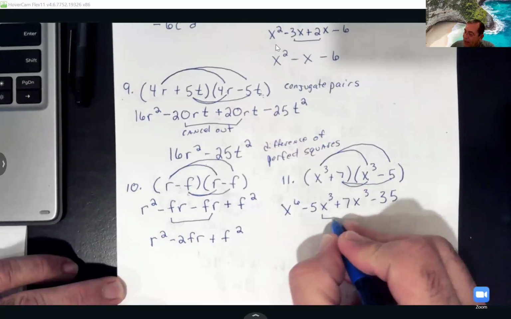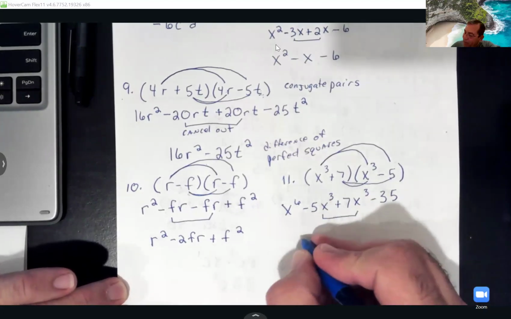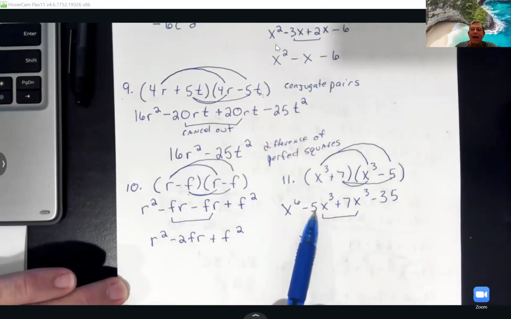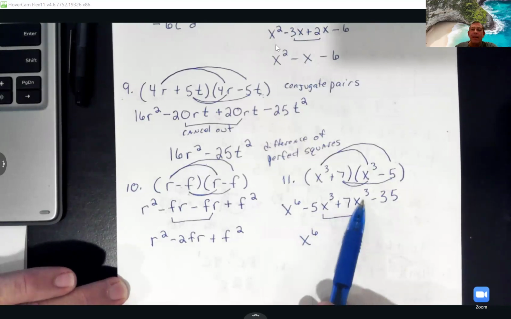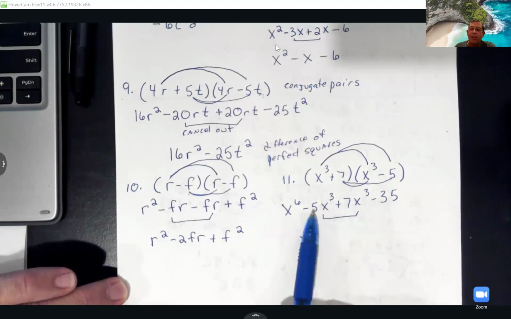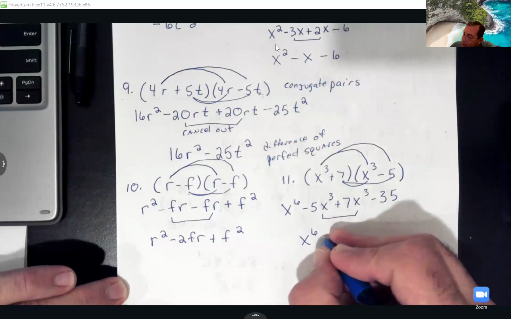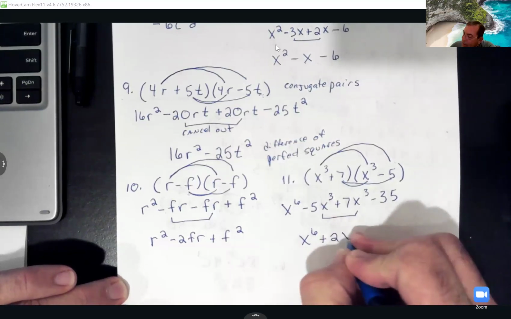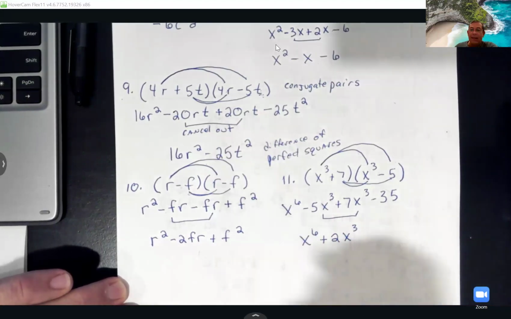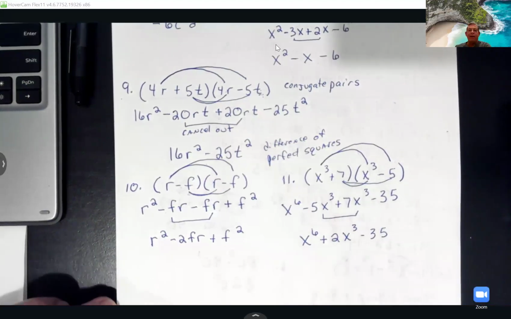So I see like terms in the middle. So I'm going to bring down my x to the 6 in the front. So we got a -5, +7, x to the 3rd. The x to the 3rd will not change. All that's changing is the number. So basically that's like 7 minus 5, which will give me a +2x to the third. And then at the end, I'm bringing down my -35.